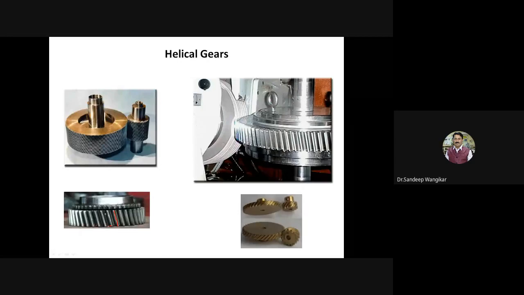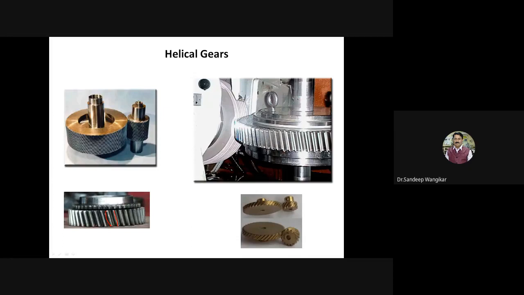If this point comes in contact first with another and then gradually increases, the load continues. Where the contact starts I will call the leading edge, and where the contact ends I will call the trailing edge. So it is the last point.